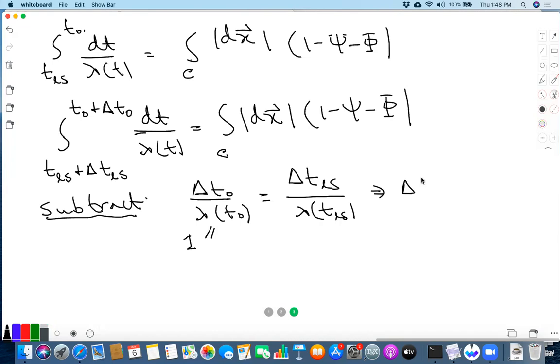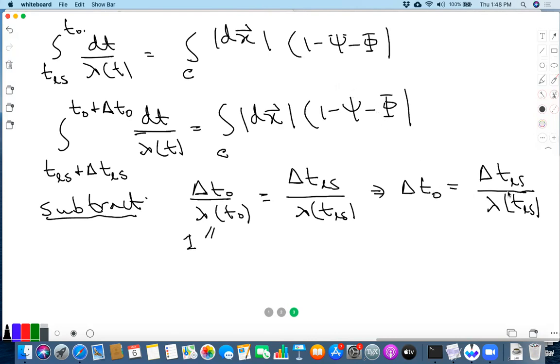So this is the standard redshift calculation that we had done earlier, if you remember. The only new ingredient here is that as long as psi and phi are time independent, this redshift doesn't depend on psi or phi.